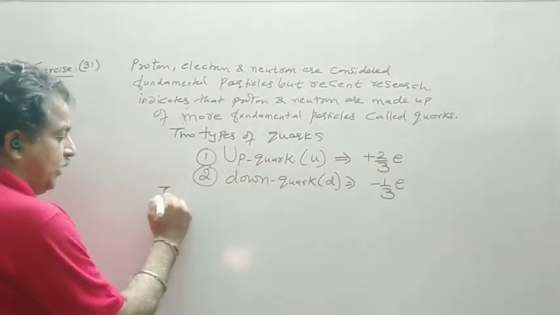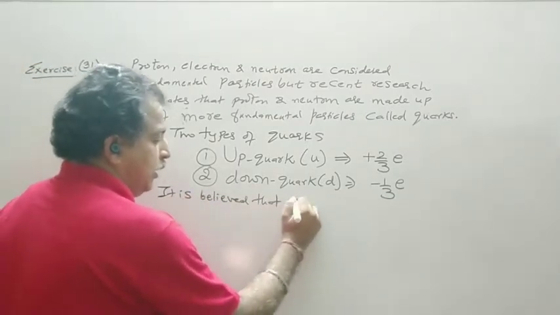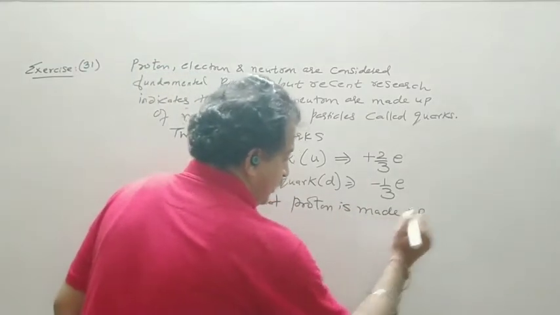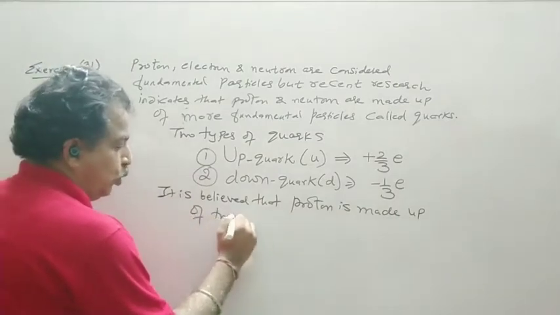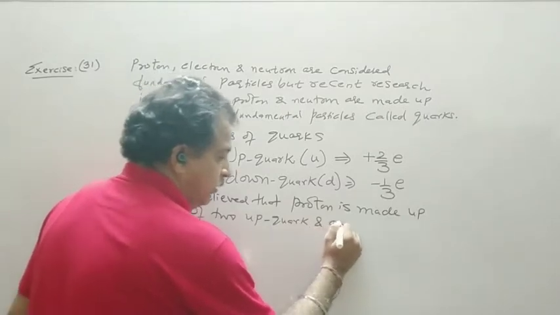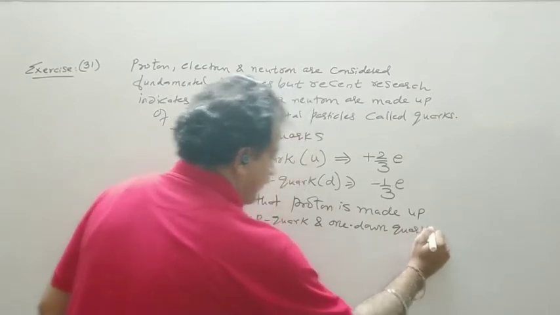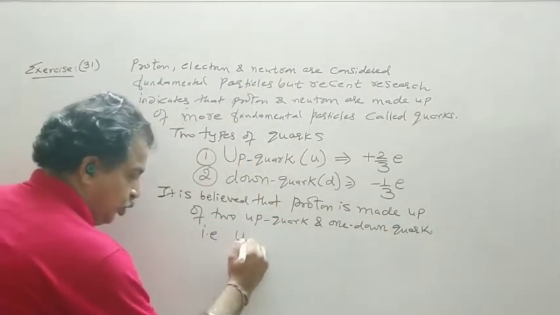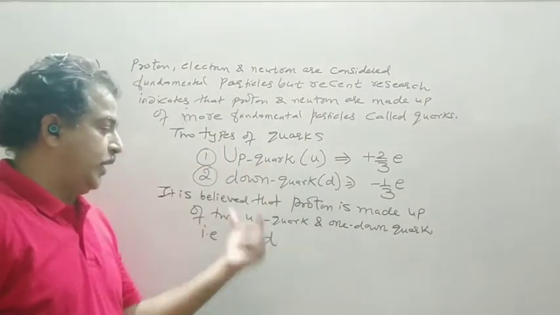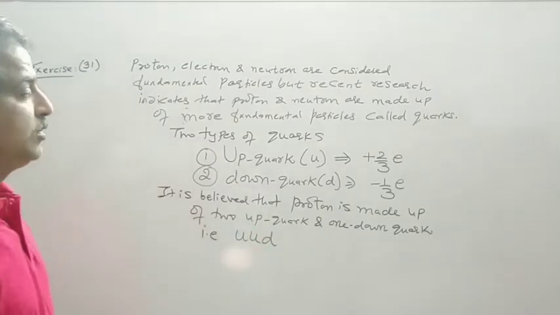It is believed that the proton is made up of 2 up quarks and 1 down quark, that is UUD. So the proton is made up of 2 up quarks and 1 down quark. Now let us see whether the quantization of the charge is maintained.